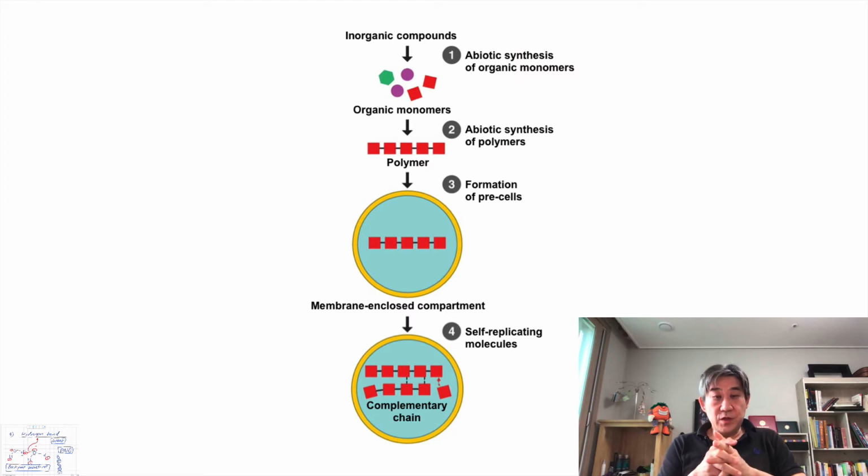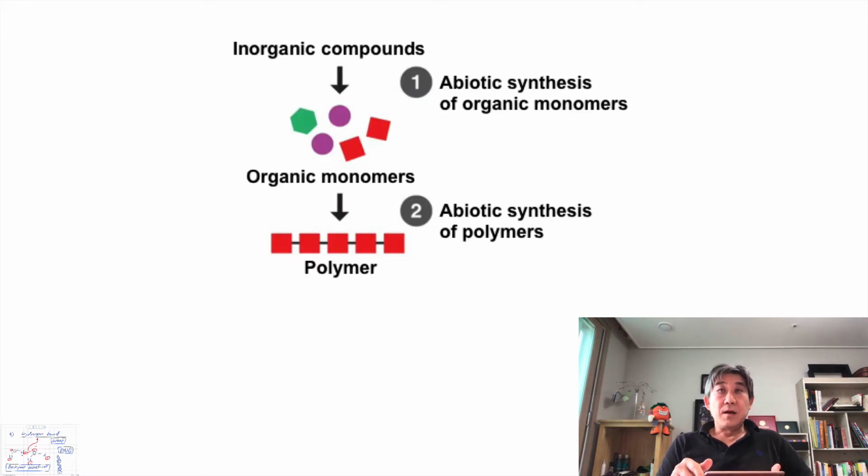As we went over in the previous session, to go through this chemical evolution, you have to be able to start from inorganic compounds, and somehow these inorganic compounds should be able to form organic monomers, and from those organic monomers the polymers should be generated spontaneously, all of them.